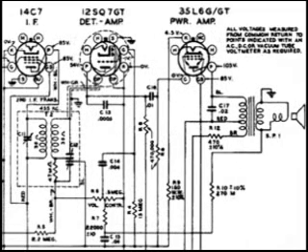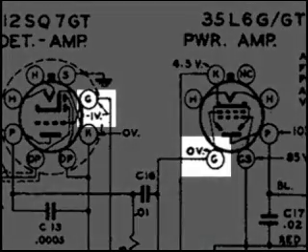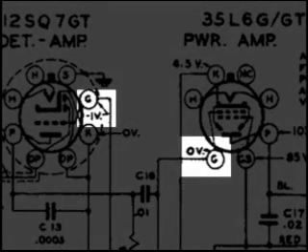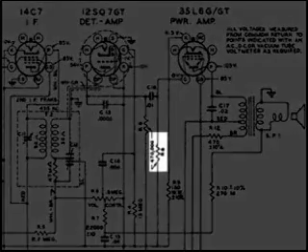Here's another example of a tube amplifier. If we take a closer look at the 35L6 and the 12SQ7, we can see that the 35L6 grid voltage is 0 volts and the 12SQ7 grid voltage is minus 1 volt. This is the bias resistor for the 35L6.